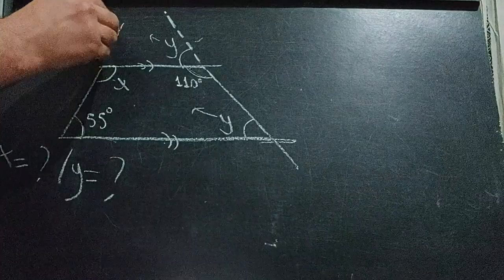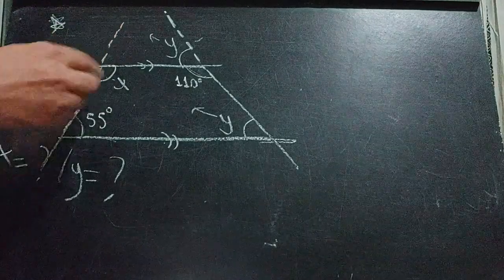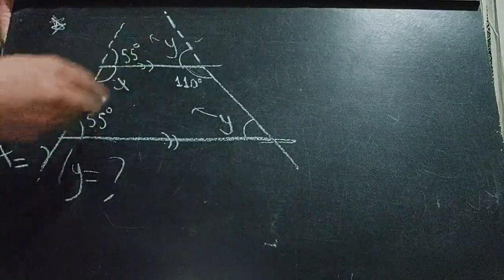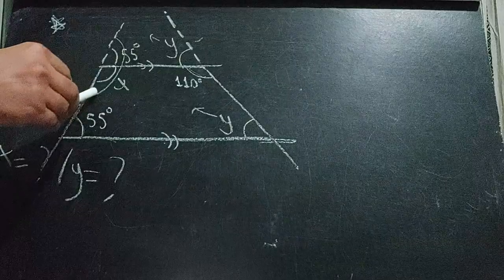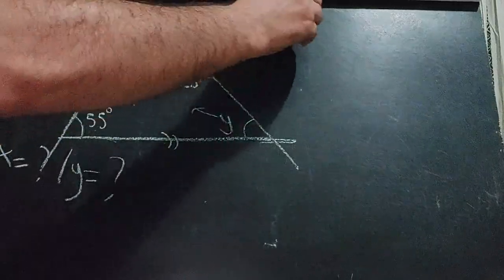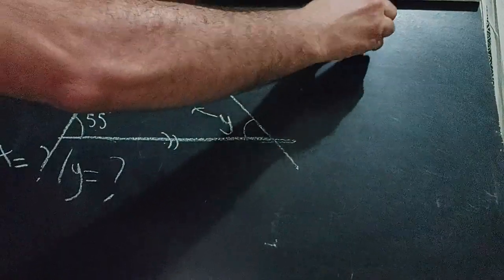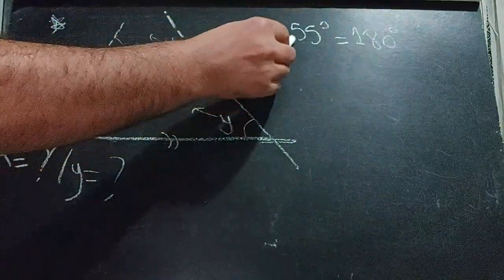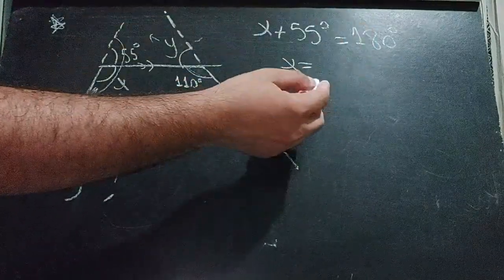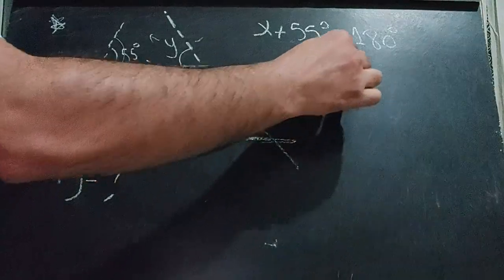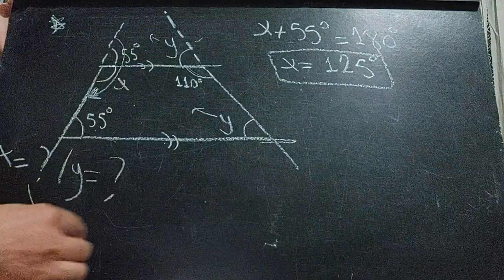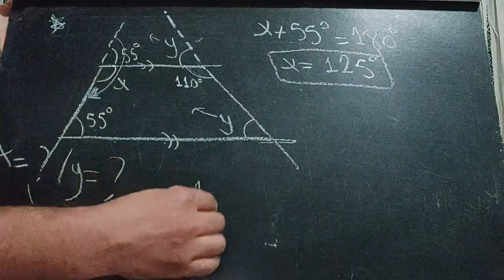I extend this one too, so 55, there will be 55 too. So now what I got, straight angle there, X plus 55 equals 180. This one will go to the other side as negative. That will be 180 minus 55, which is 125 degrees. That is for X. X equals 125.